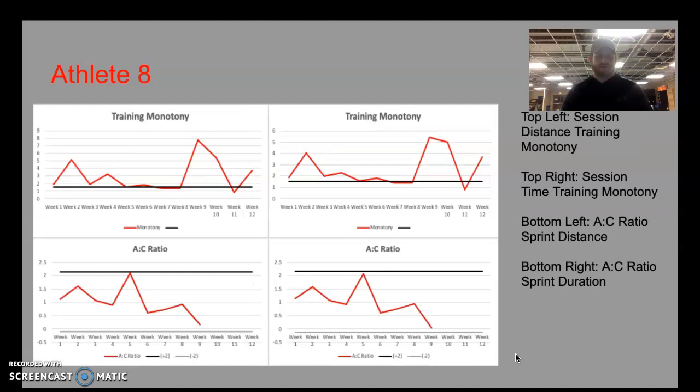Athlete 8, there's a couple of problems here. Their training monotony, when it comes to distance and time of the training sessions, they are living above the line. They are doing a lot and not having much variation at all in their day-to-day training.